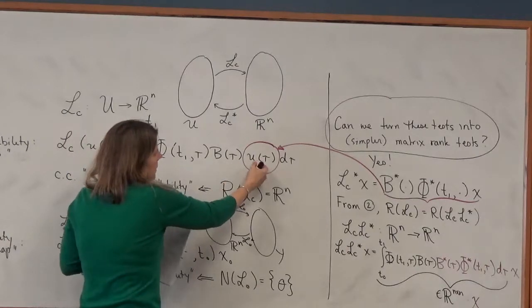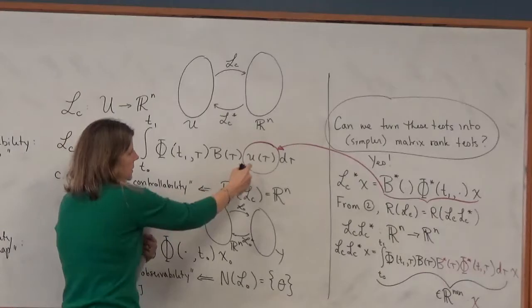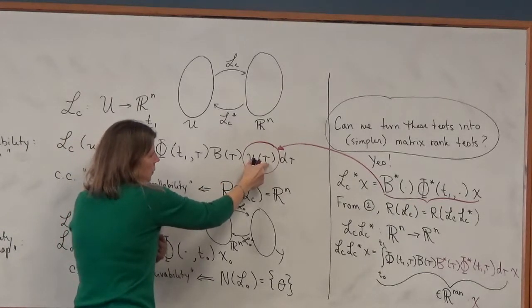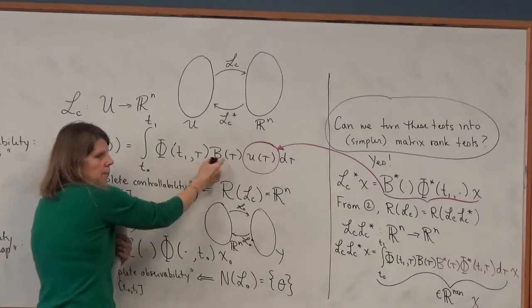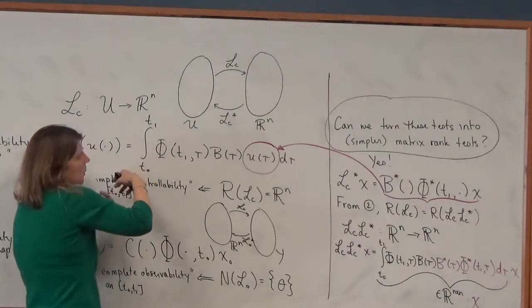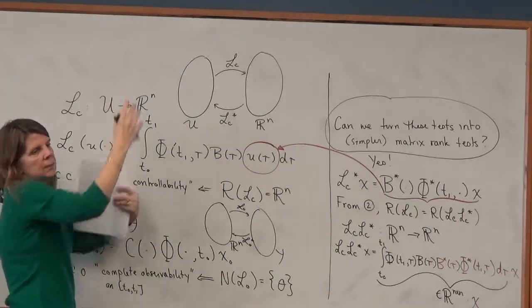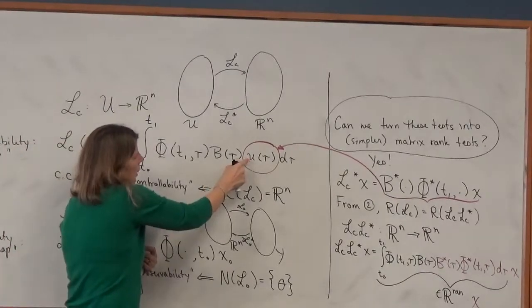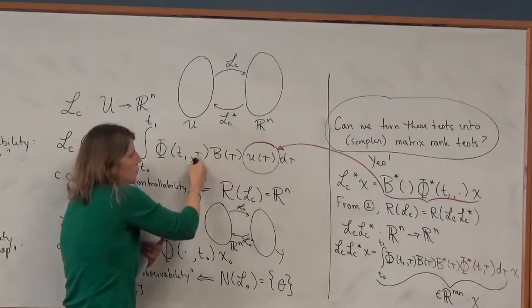So the ability to reach different states in the system depends on the ability, using that input, mapping it through B and then phi, to get on the left-hand side any possible state in Rn. So it's really about whether you can reach the full space Rn through this map here.